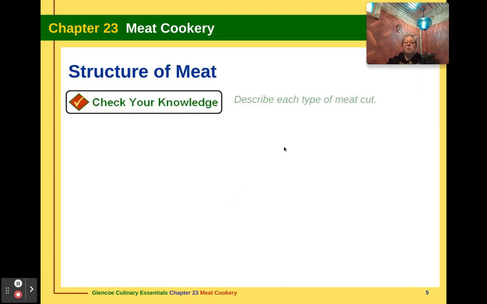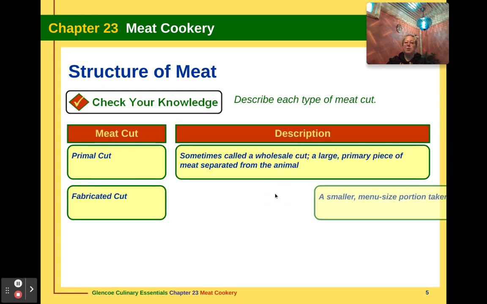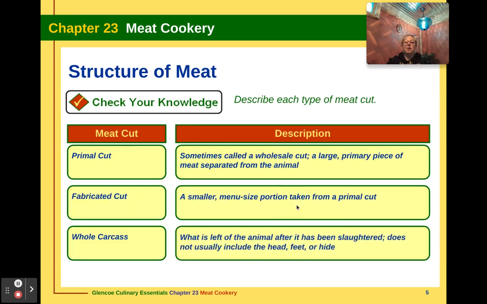So we looked a little bit last time at the structure of meat and what meat is made out of. And so some things to look at right now for this particular lesson are whole carcass. So a whole carcass would be the entire animal after it has been slaughtered. This does not include the head, feet, or hide.